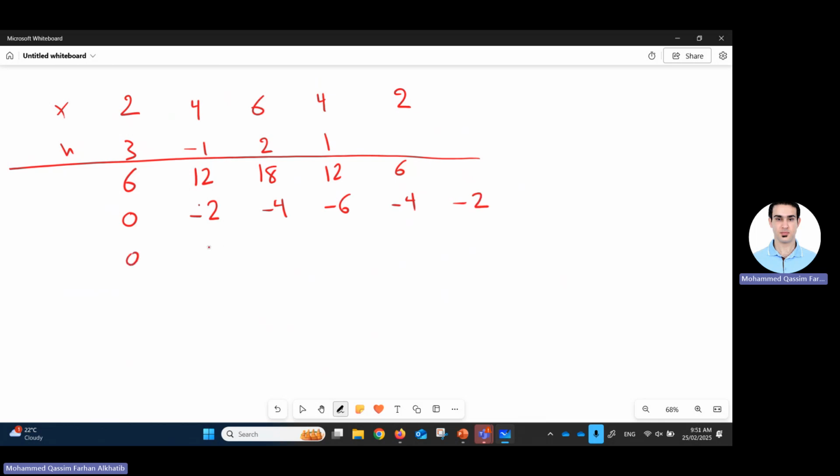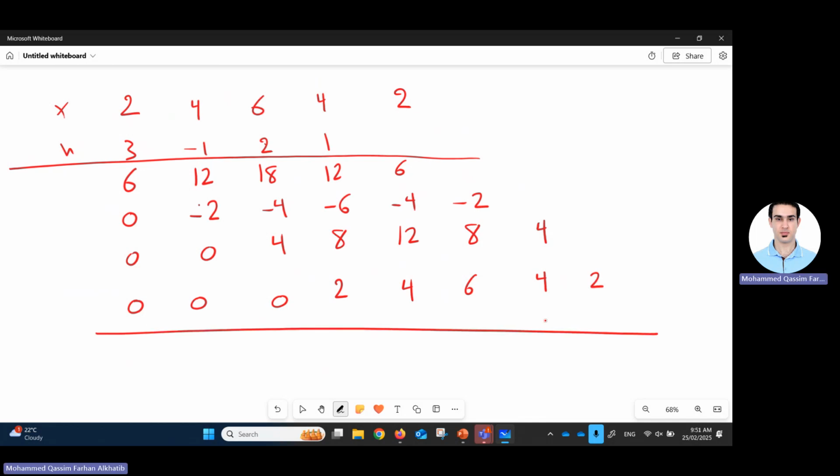Shift by 2 spaces, multiply by 2: 2 times 2 is 4, 4 times 2 is 8, 6 times 2 is 12, 8 and 4. Then shift by 3 spaces and multiply by 1, so I'll get 2, 4, 6, 4, 2.